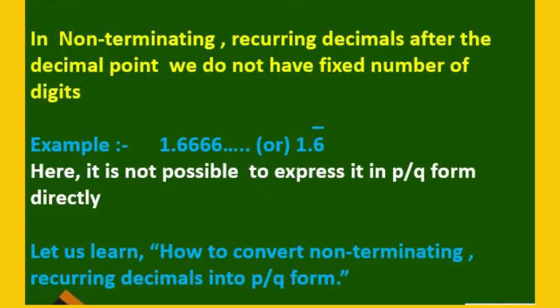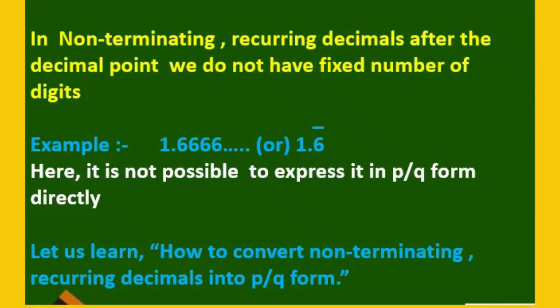Children, in non-terminating recurring decimals, after the decimal point we do not have a fixed number of digits. For example, in case of 1.6666 and so on, after the decimal point, do we have a fixed number of digits? No. So, here it is not possible to express it in P by Q form directly.